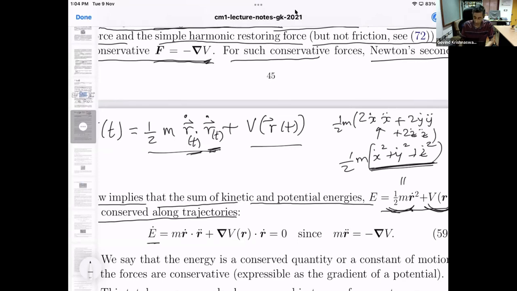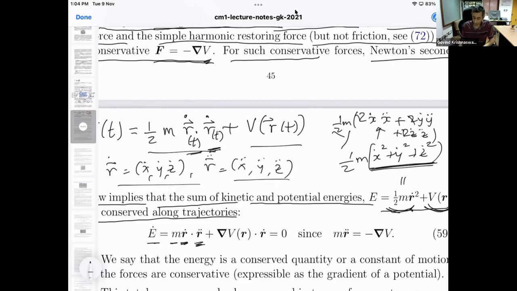I can summarize that whole thing by canceling the 2 and write it as m times r dot dotted with r double dot. Here r dot is x dot y dot z dot, and r double dot is x double dot y double dot z double dot. If I take the dot product of these two vectors, I will get the expression on the right hand side. So here is our rate of change of kinetic energy. I add to that the rate of change of potential energy.